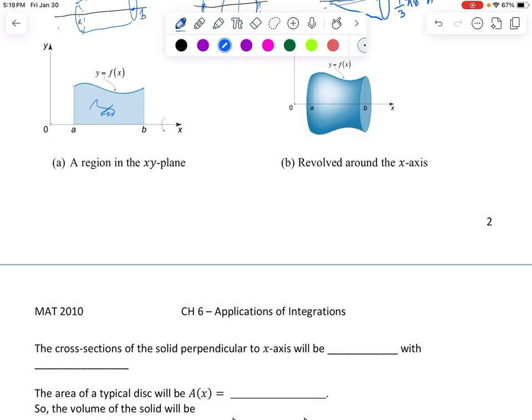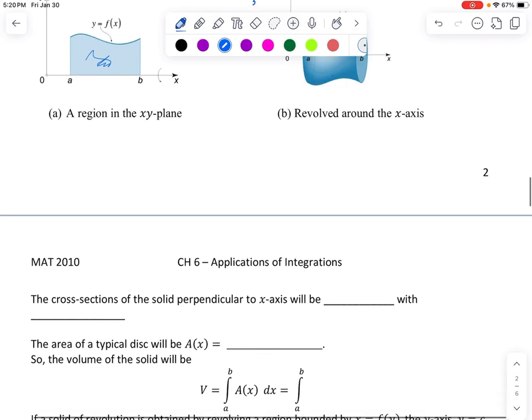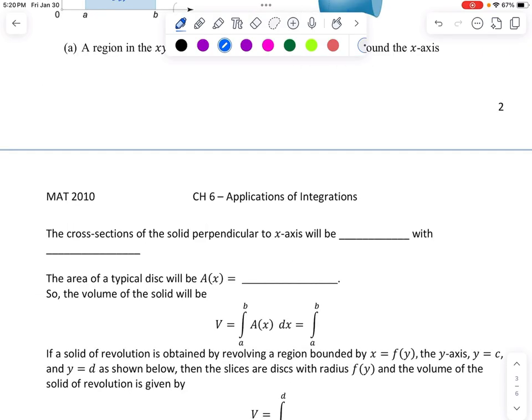So when you revolve the region around any line, then if you cut the slices or the cross section, that will be a circle or a disc. That's why it is called the disc method. So that's what we will do. So notice here, the cross section of the solid perpendicular to the x-axis will be discs.